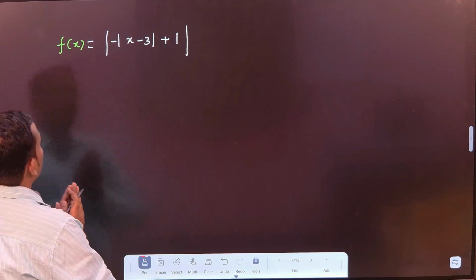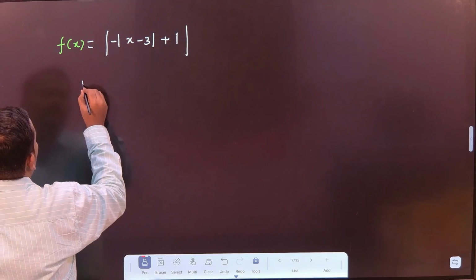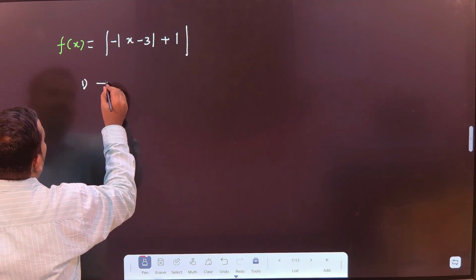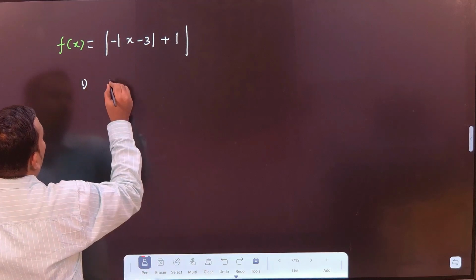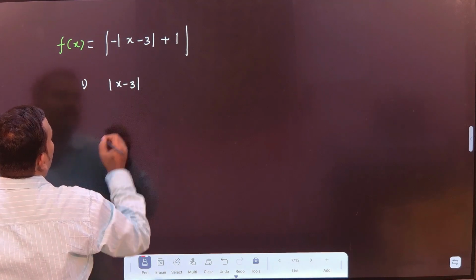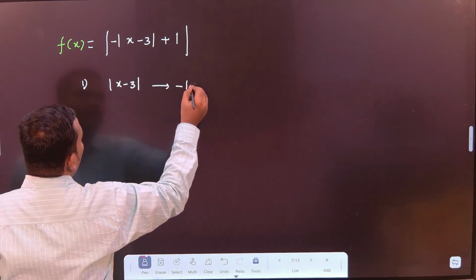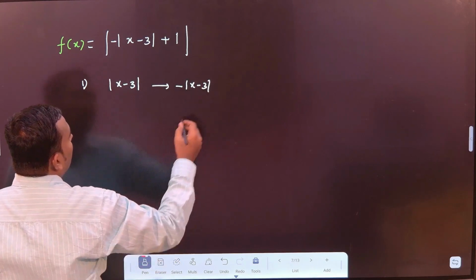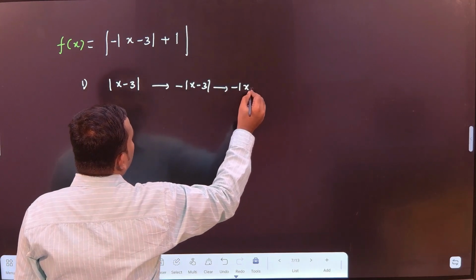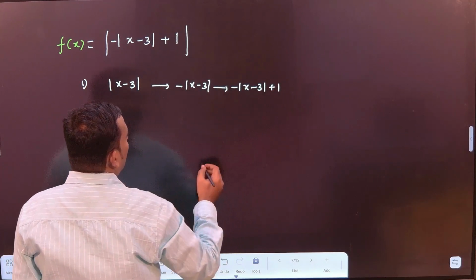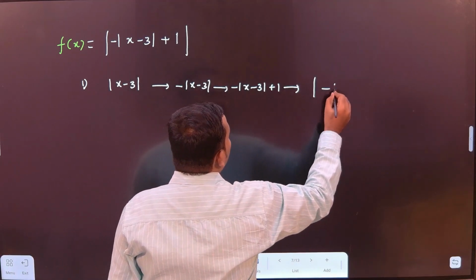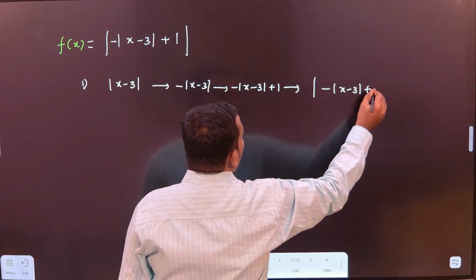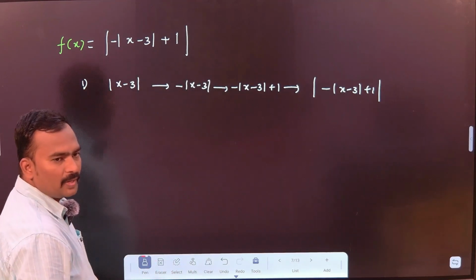You can see, students, the first observation is that you have to draw mod x minus 3. Mod x minus 3 changes to minus mod x minus 3, then you change this to minus mod x minus 3 plus 1, and then finally you apply the modulus: mod of minus mod x minus 3 plus 1. Clear? Okay.